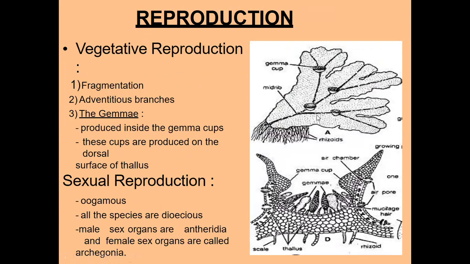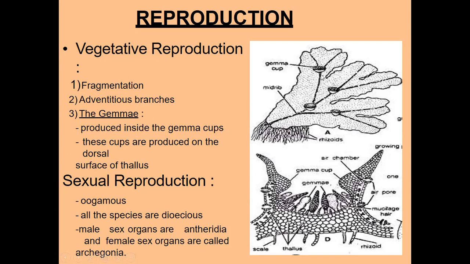Now when I go to reproduction, generally we talk about two types: vegetative reproduction and sexual reproduction. The most important point here is that vegetative reproduction is carried out with the help of specialized structures, which we call gemma cups. These gemma cups possess the reproductive bodies, which we call gemmae.